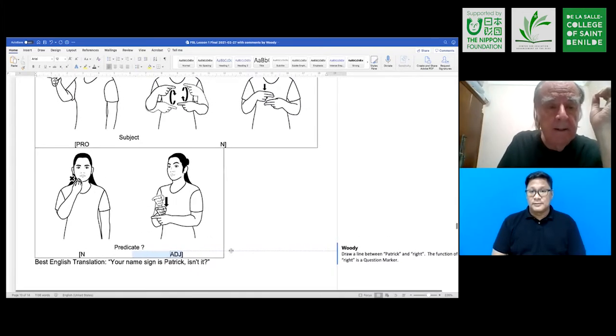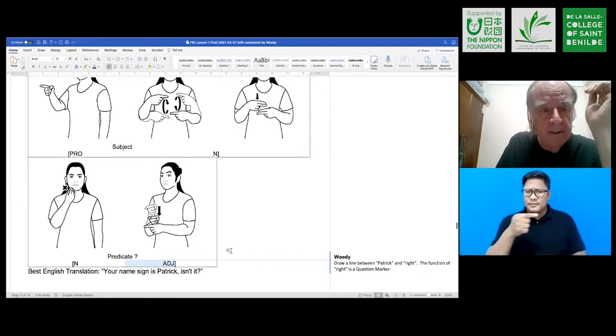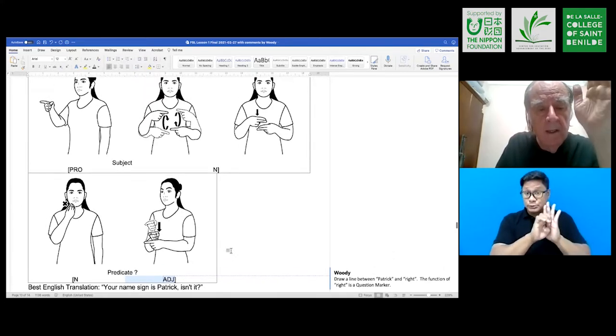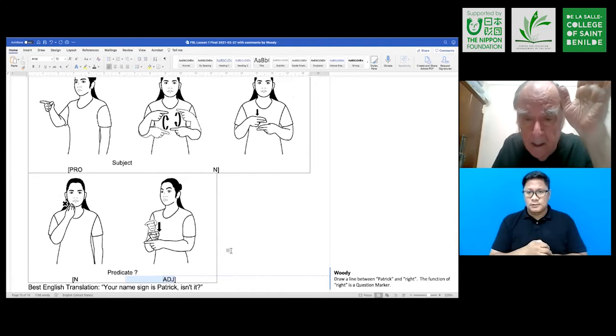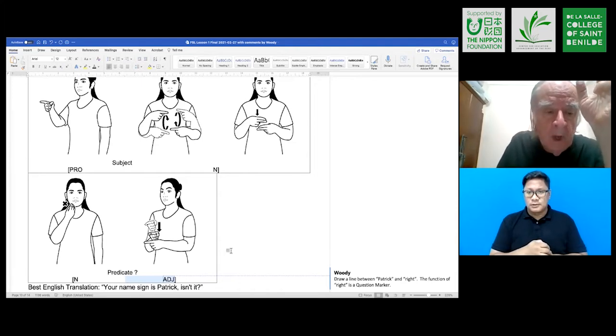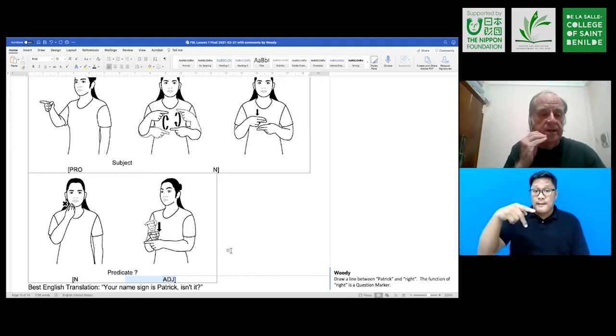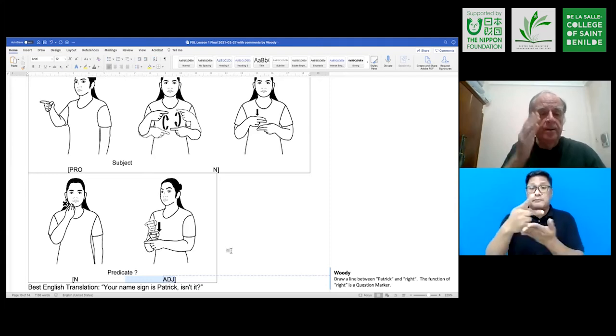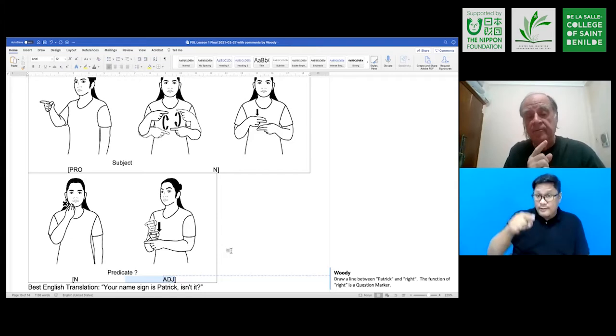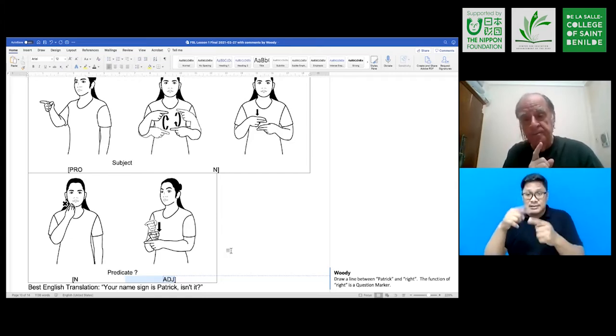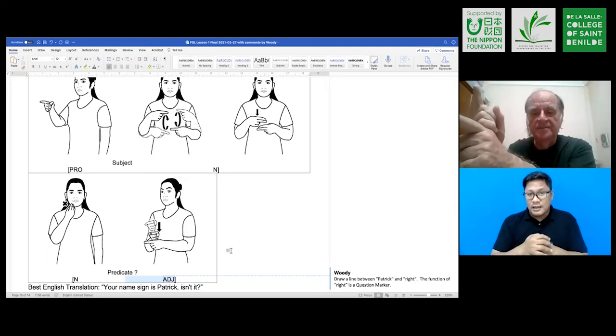Yeah, here I think in this example, you would put Patrick as the predicate, then draw a line between the sign for Patrick and the sign for write. Oh, sorry, this write.